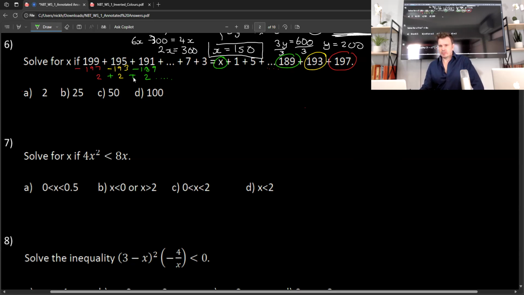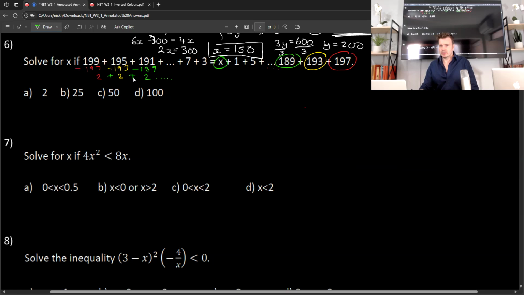So we want to know how many values of 2 are we going to get? Well, we're going to get 50.